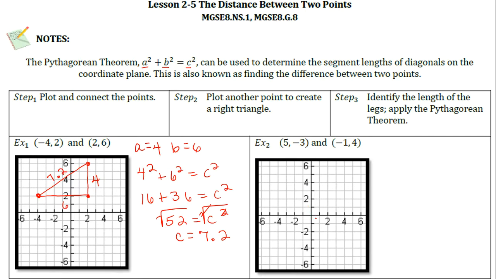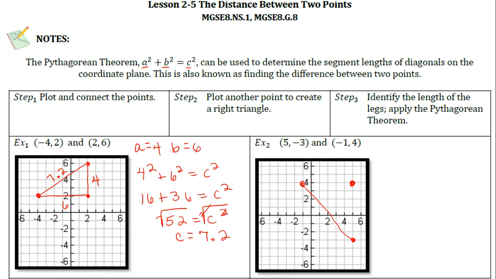Let's look at example 2. We want to know the distance between this point and this point. So we have (5, -3), and we have (-1, 4). So let's see if I can draw this straight. Almost. Now we're going to plot our third point. I'm just going to plot it right here. We're going to count over to see how long each leg is.